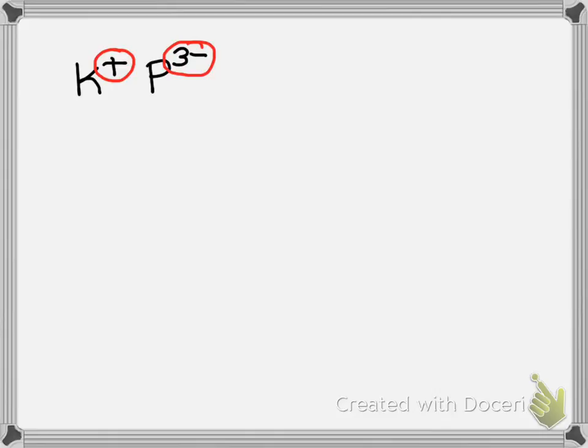Now let's think about this in terms of the crossover, because I think this is kind of handy. To figure out what I need for my subscript for potassium, I would look up here and say, okay, phosphide is a -3 ion, so that means I'm going to need 3 potassium to balance that.